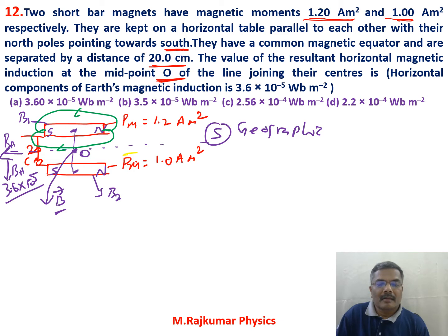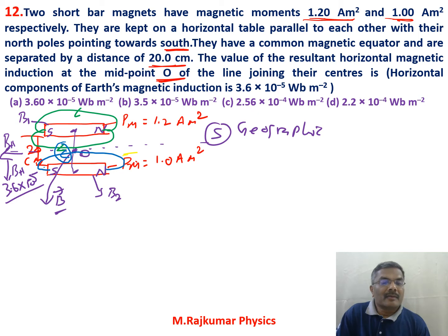This magnetic field line will be north to south like this. You can see these two magnetic fields are in the same direction, so B1, B2 and BH are in the same direction, towards the geographic north.